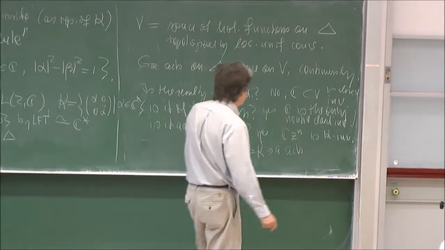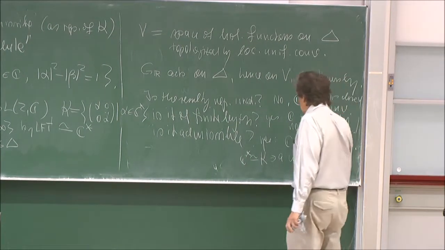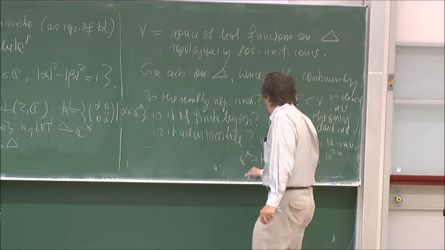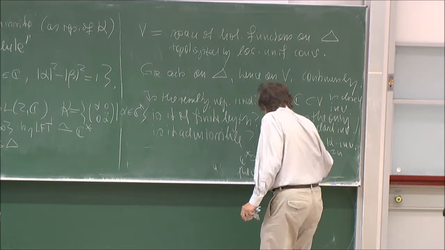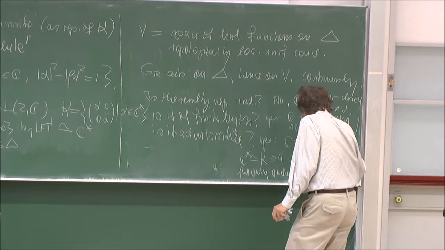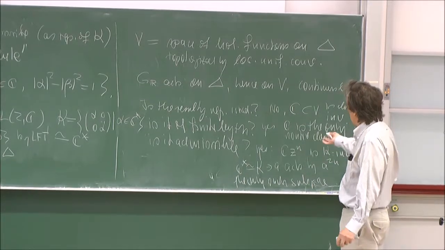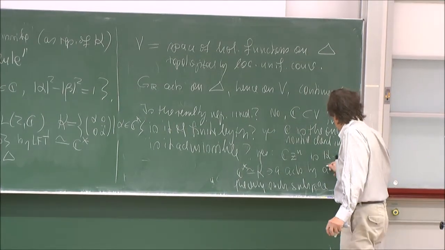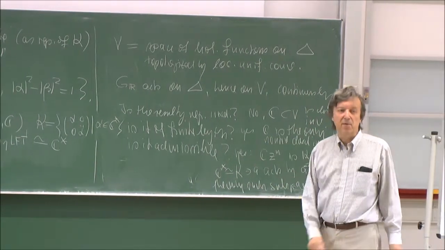So it acts by a to the minus 2n, and this is the only such subspace. Meaning, if I look at any subspace where a acts by a to the minus 2n, it is that subspace, there's no other.